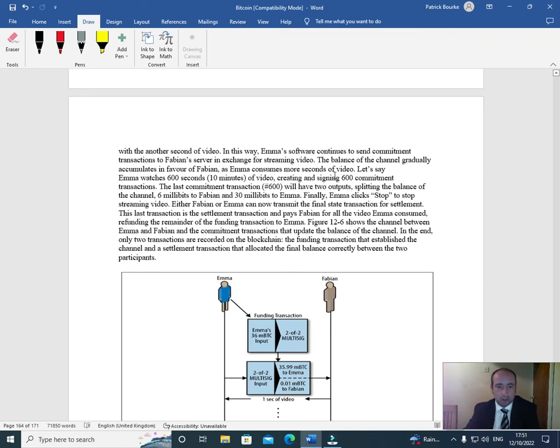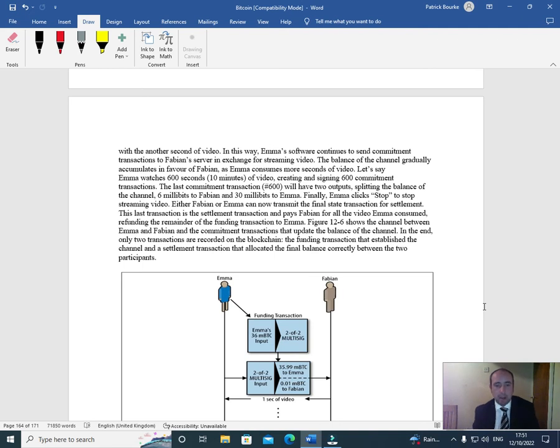Let's say Emma watches 600 seconds, 10 minutes of video, creating and signing 600 commitment transactions. The last commitment transaction, #600, will have 2 outputs, splitting the balance of the channel, 6 millibits to Fabian and 30 millibits to Emma. Finally, Emma clicks stop to stop streaming video.